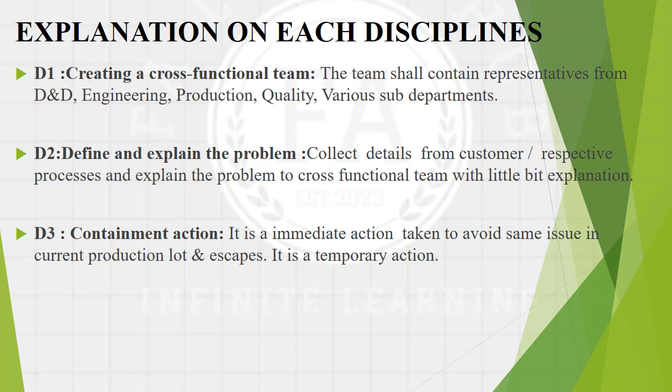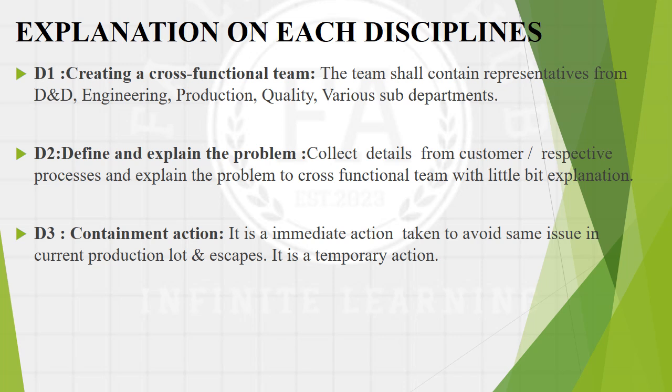It also includes providing awareness to operators or quality inspectors regarding this issue and making sure inspection is stringent and the issue is not happening. We also need to address escapes. What is meant by escape? Escape means we need to verify whether the similar issue is present on finished goods, whatever production is already completed, or the item is already dispatched and has reached the customer.